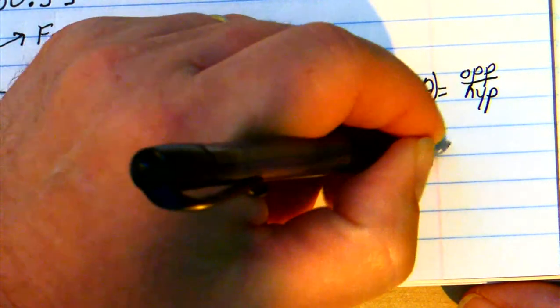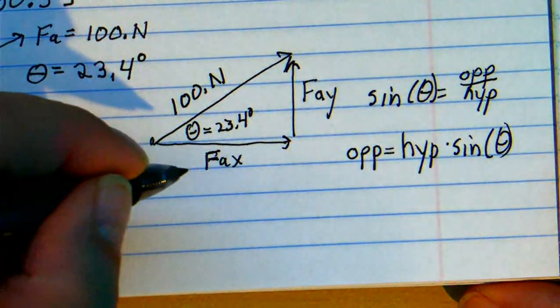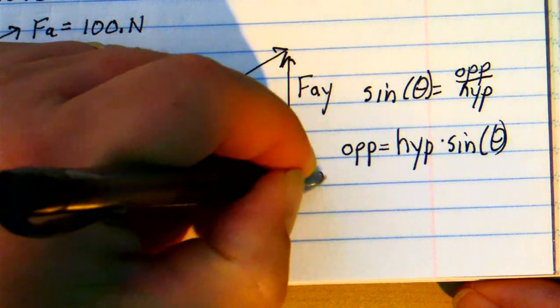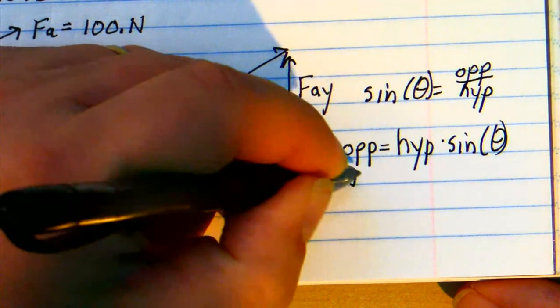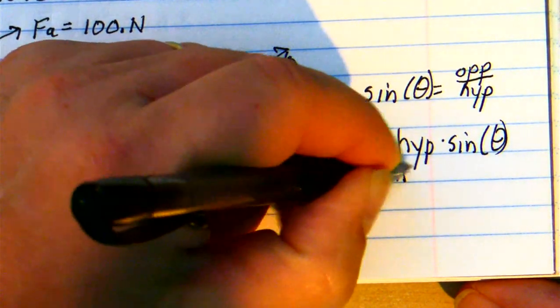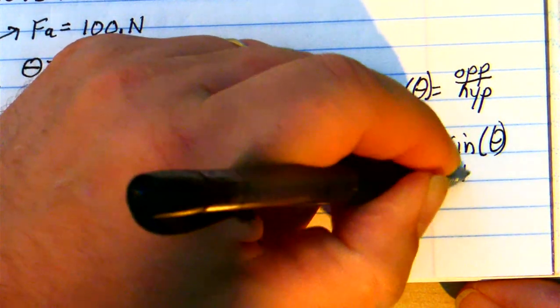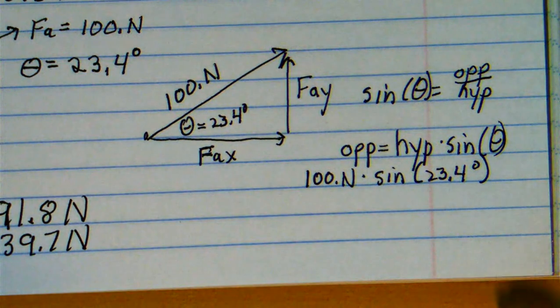So the opposite side is equal to the hypotenuse times the sine of the reference angle. And in my calculator, I would have typed in 100 times the sine of 23.4 degrees. Tony, get it?